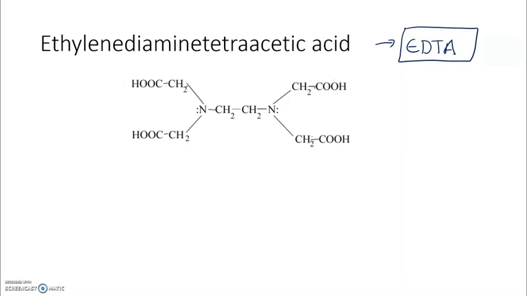This particular molecule, as the name suggests, has 4 carboxylic acid functional groups, and each of these can be deprotonated. So we end up with a structure that looks like this.